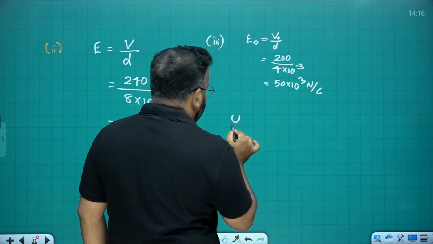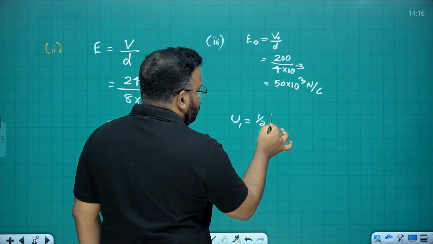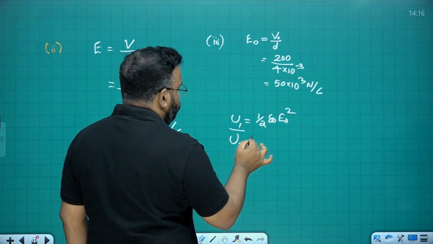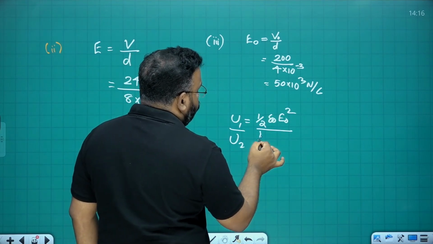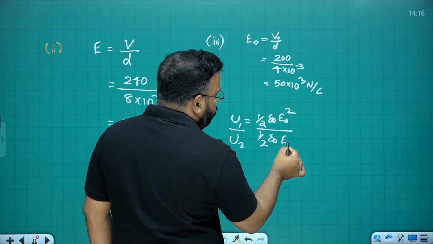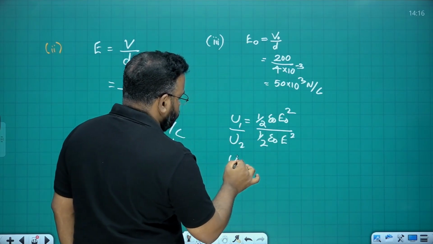Initial energy density, if I take it as U1, is half epsilon naught E naught square. New energy density, if you take U2, will be half epsilon naught E square, the new final electric field squared. So half epsilon naught cancels.